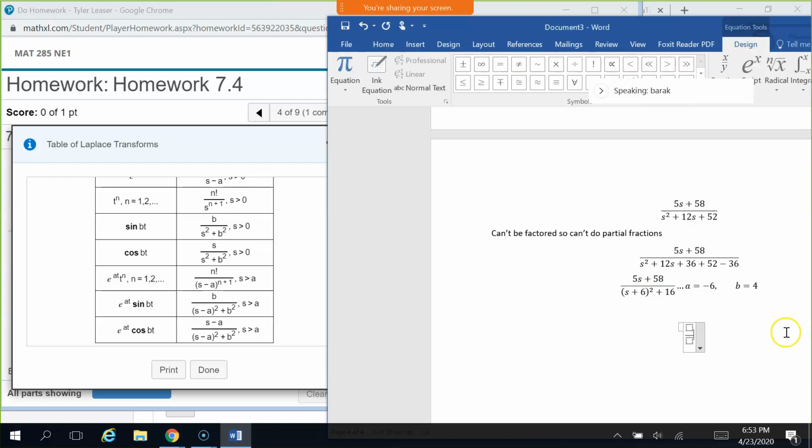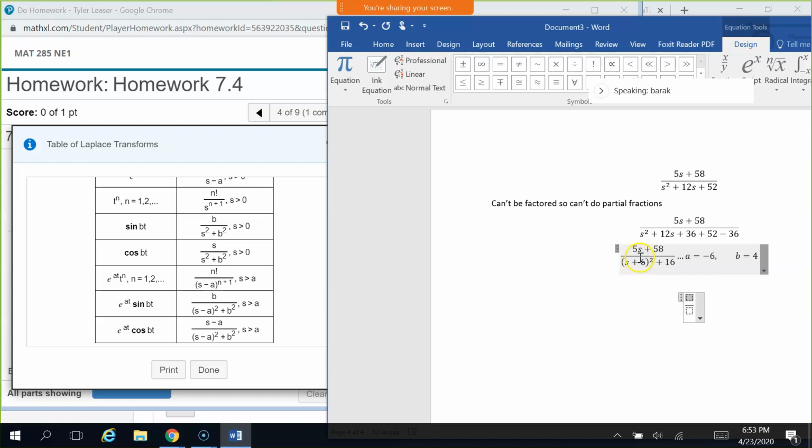That makes sense. So what I would do is, because I have this 5 out in front here, and really it should be S minus A, I would factor a 5 out of this. So it's going to be 5 and then S plus... It would be really nice if I could make this an S plus 6 because they're supposed to match in the numerator and the denominator.